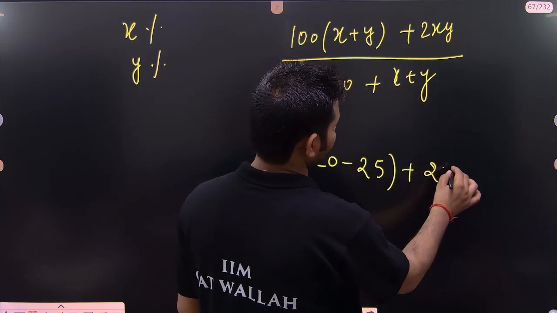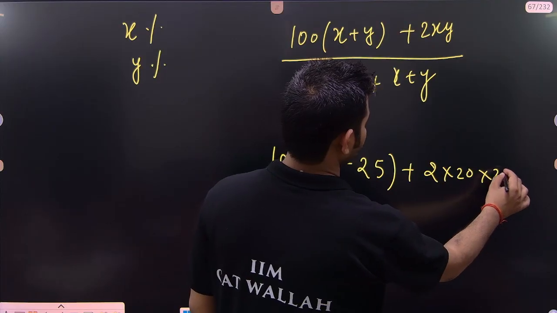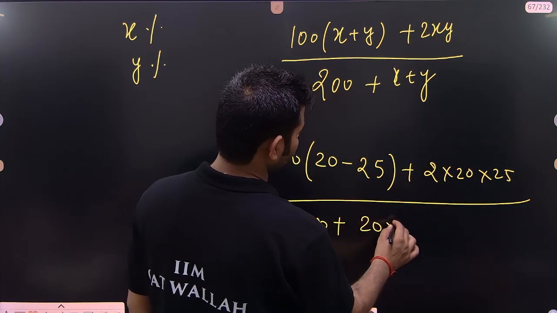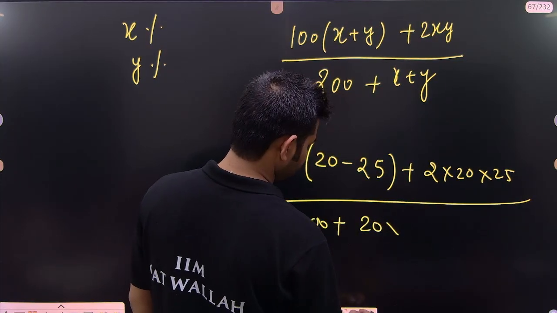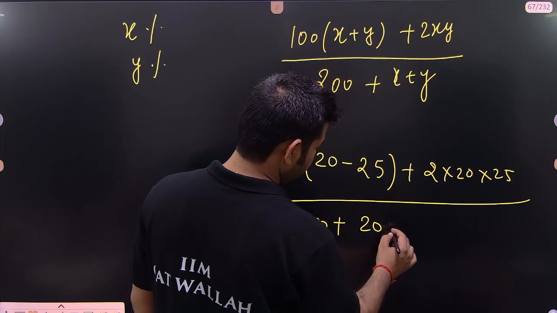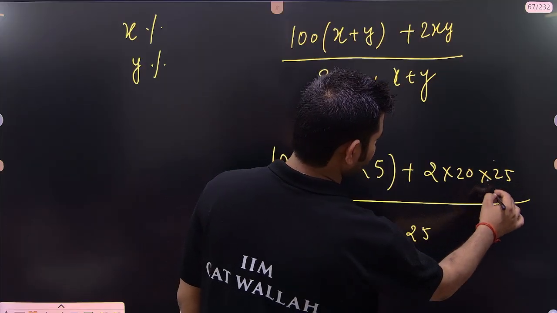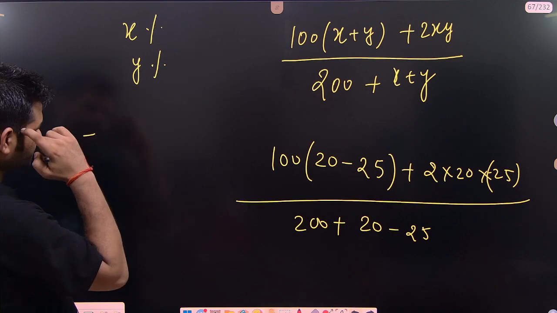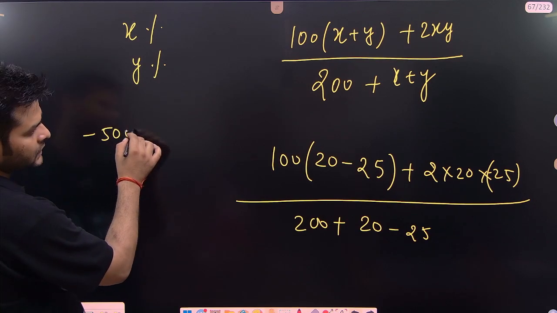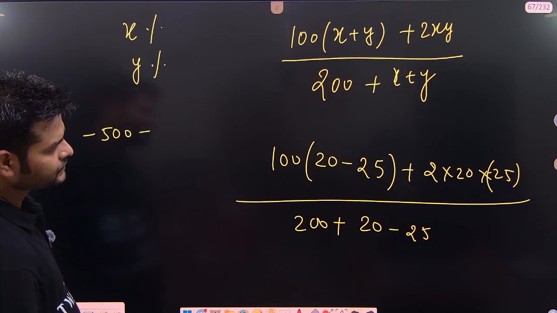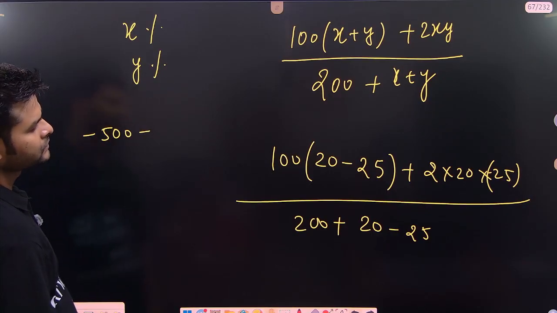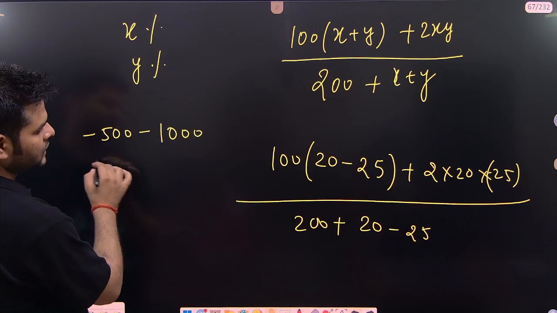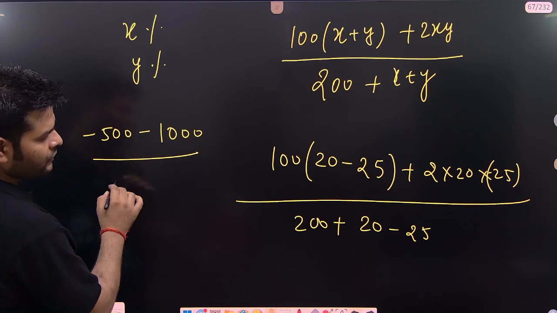So 20 into 25, 200 plus 20 minus 25. Here you need to put minus. So you will get minus 500, minus 1000 upon 195.